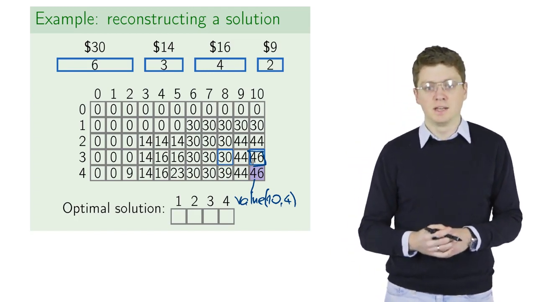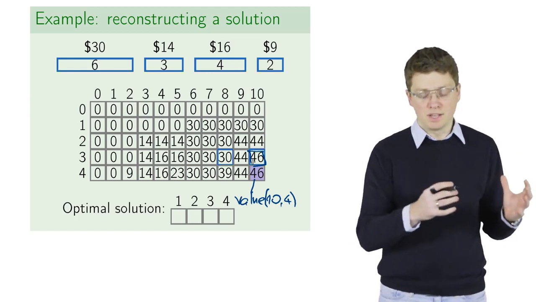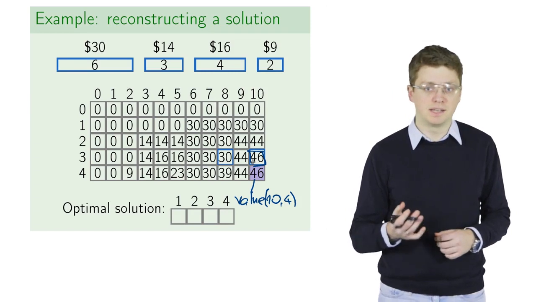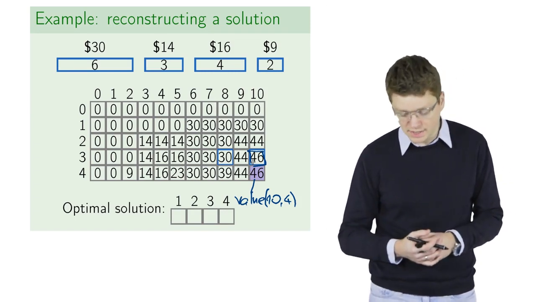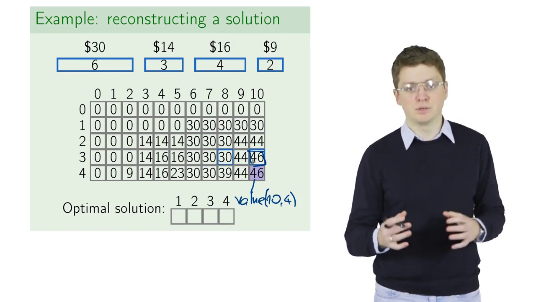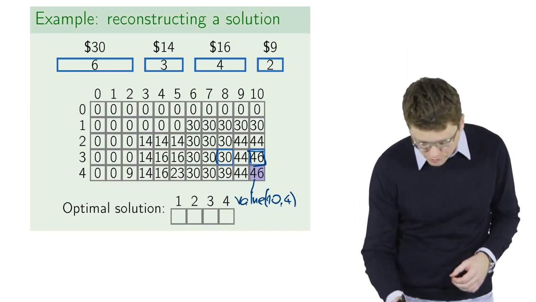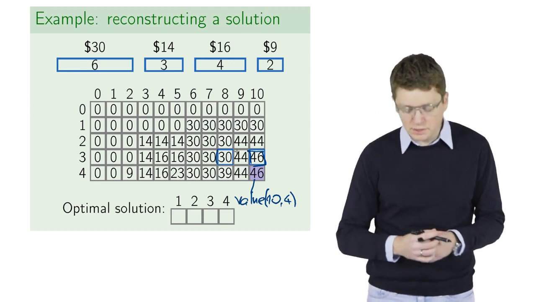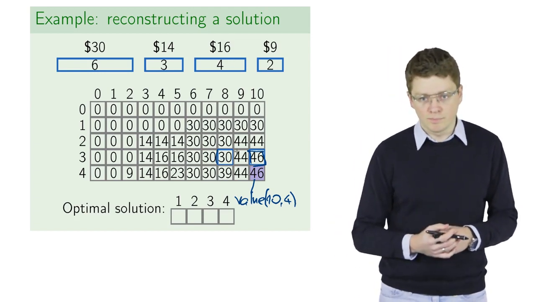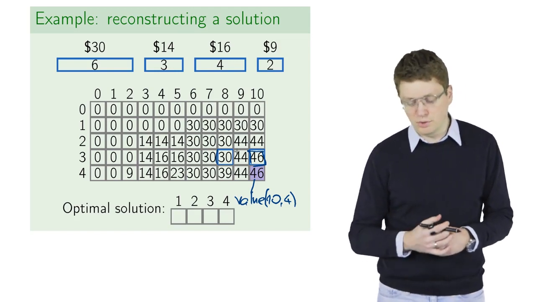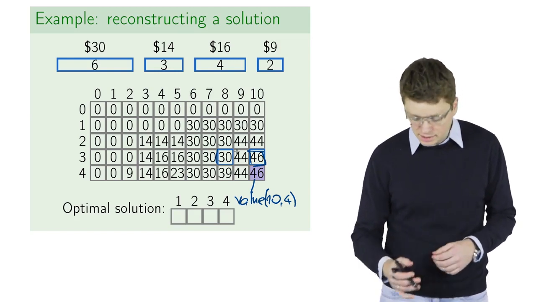If, on the other hand, it is used, then what is left must be an optimal solution for a knapsack of size 10 minus 2, which is 8, that uses also the first 3 items. Well, this value is already computed. It is 30, so we need to compute the maximum among 30 plus 9, because the value of the last item is 9, and 46.